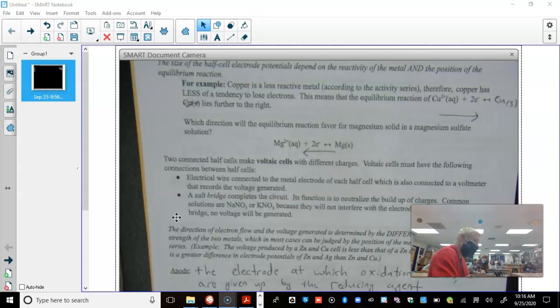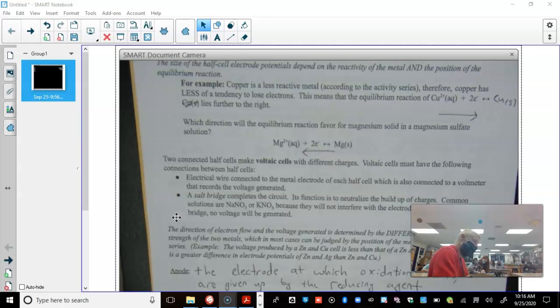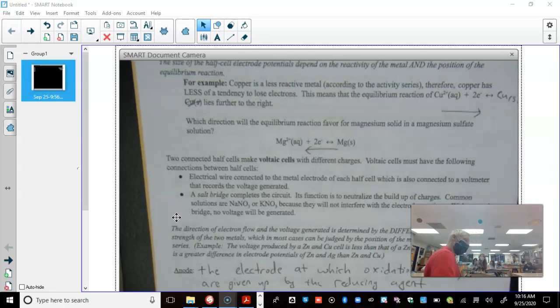C stands for cathode. What would P stand for? Positive charge. Positive charge, you got it. And R would be reduction. There it is. So ANO, CPR: anode, negatively charged, oxidation; cathode, positively charged, reduction.